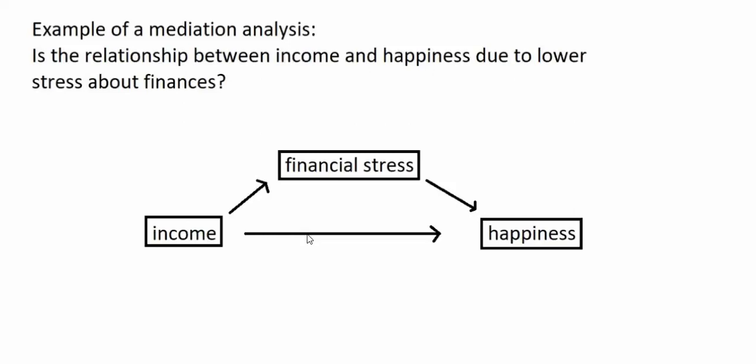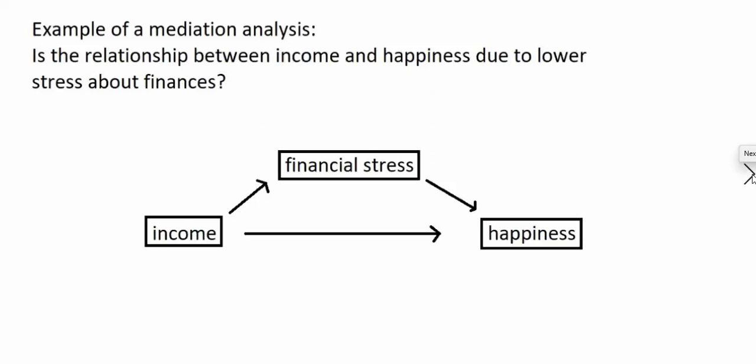So it's basically the correlation between income and happiness independent of financial stress. That's the direct path. And I'm not going to get into the details of how the researcher controls for the mediator, because that's getting into the statistical calculations, but I just want to make you aware of that.